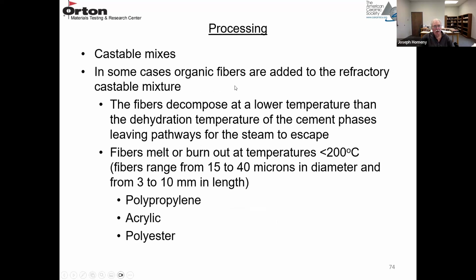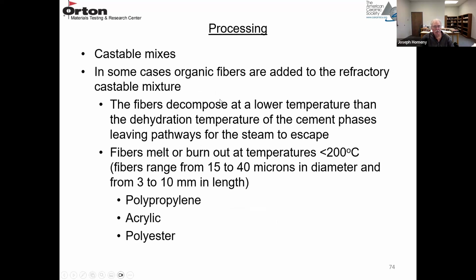These low cement castables are designed to be pretty dense. So that's going to make more issues when removing the water. So you can add organic fibers.